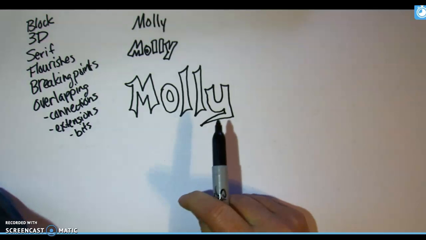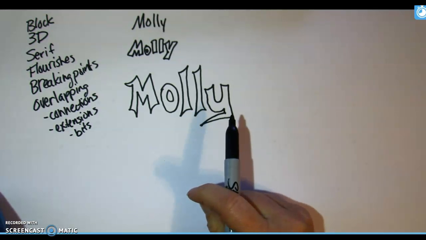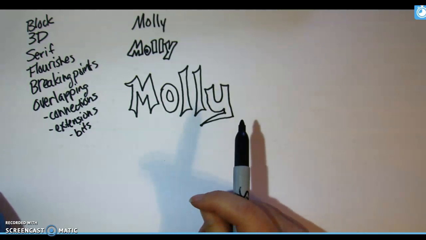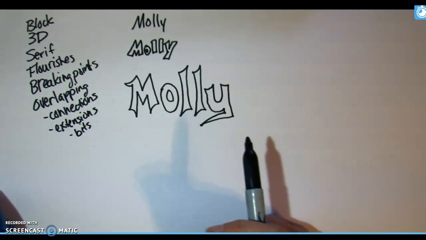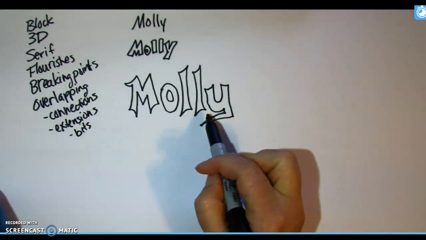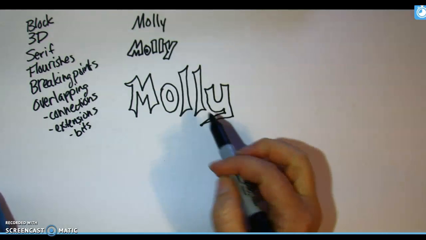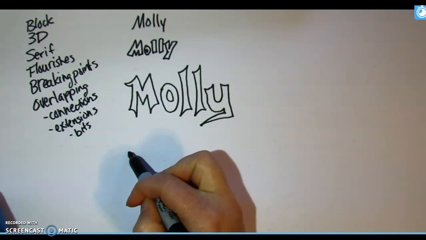Okay, so today what we're going to do is we're going to smoosh our letters together, for lack of a better term, and we're going to try to create overlapping ways that our letters can interact. So if I use this same style of flourishes and serifs, that might look like this.